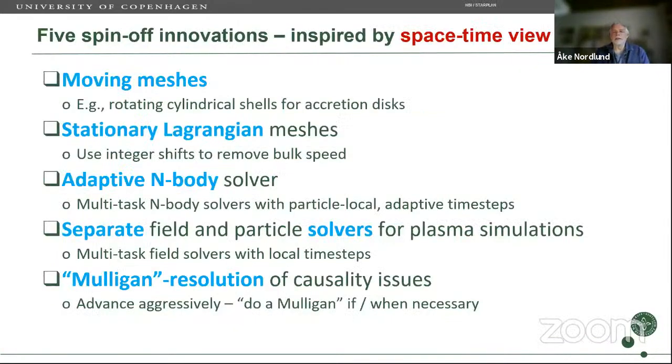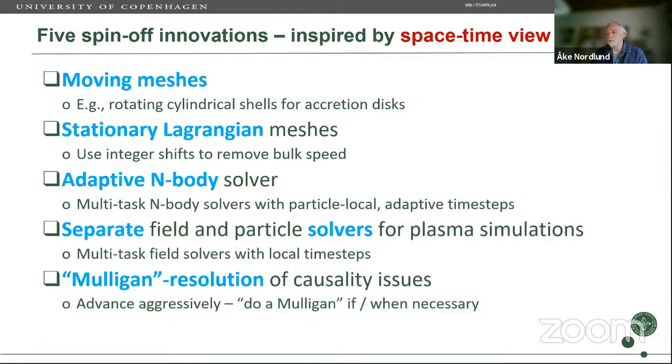This comes from taking a space-time view. It's sort of adaptive mesh refinement in space-time instead of space. And we've had a number of spin-off innovations coming from this space-time view. For example, moving meshes. When we do models of accretion disks, we are working on a mechanism where the patches are organized in cylindrical shells and they're rotating with a local Kepler speed, which means you can take time steps that are much, much longer.